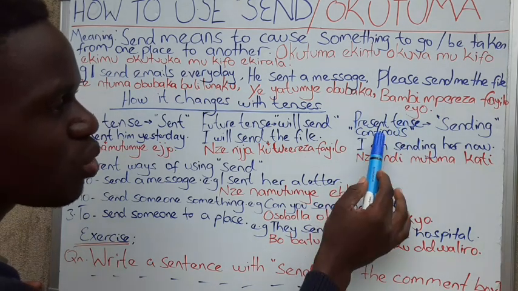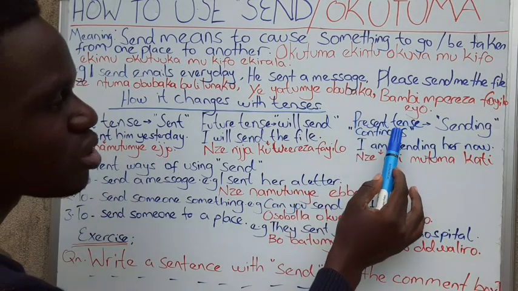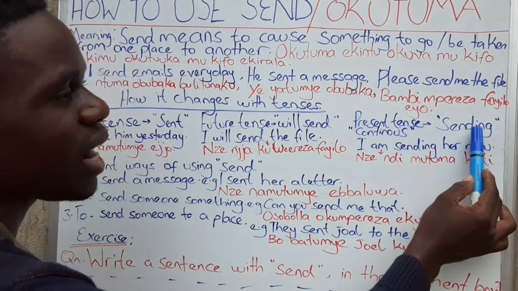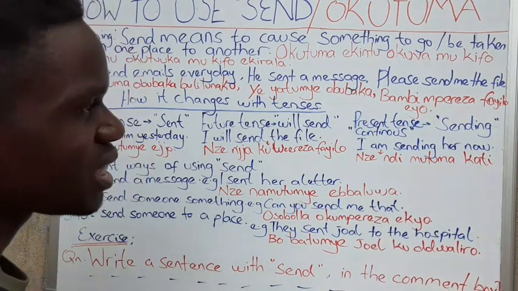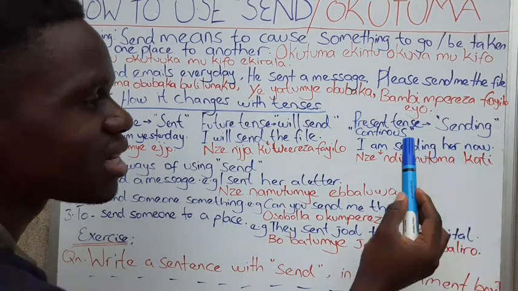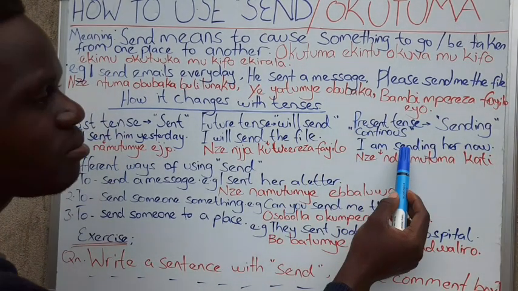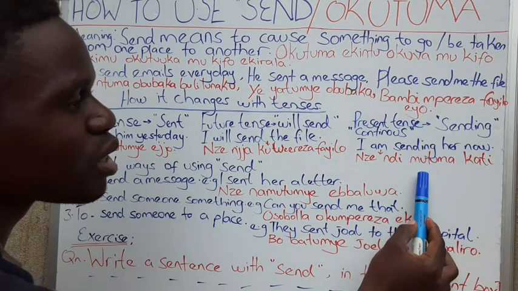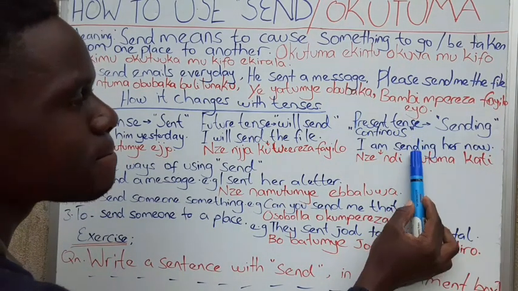So with present continuous tense, send changes to sending. Add on ing because it is present continuous tense. I am sending her now. Inze ndi mutuma kati. Because of her, mutuma.